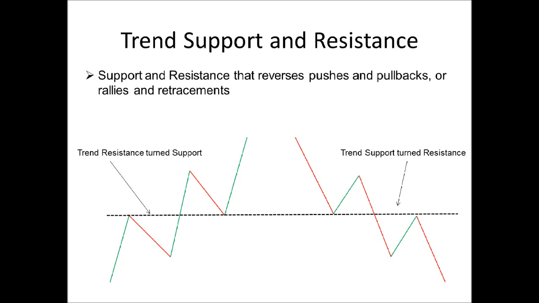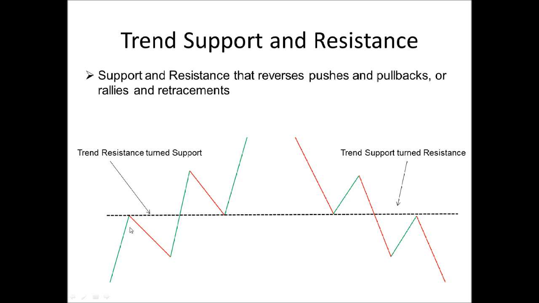Trend support and resistance is the support and resistance that reverses price at pushes and pullbacks of a trend, or rallies and retracements of a trend. If we look at this demonstration of an uptrend, we have our higher highs and higher lows, a series of pushes and pullbacks or rallies and retracements.